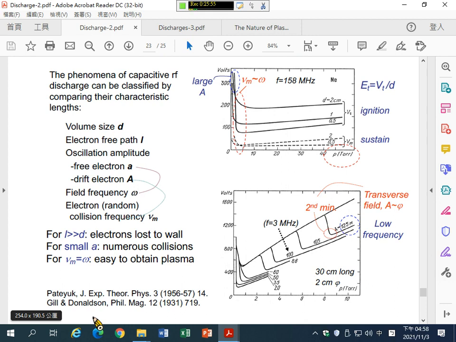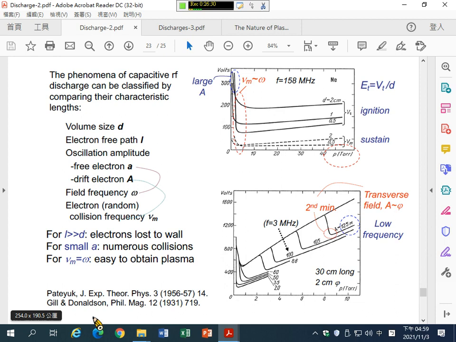These two papers are very early papers, from the 1930s and 1950s. The lower figure here shows that under some conditions there is a minimum voltage. For example, for this curve there is one minimum here, and here is another minimum.